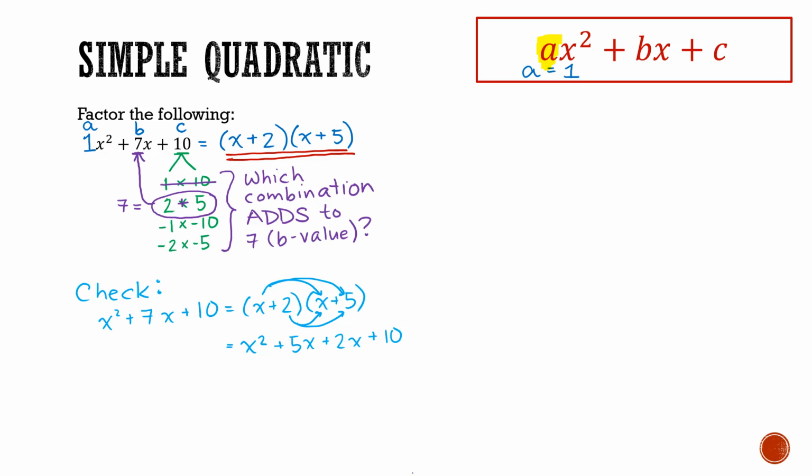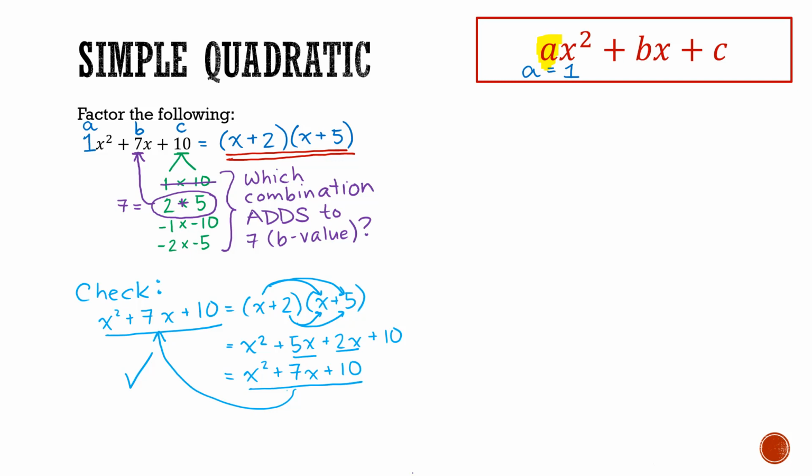I now collect the like terms, and I get 1x squared plus 5x plus 2x for a total of 7x, plus 10. Now this expression is the same as the one on the left side, so indeed I did the factorization correctly.